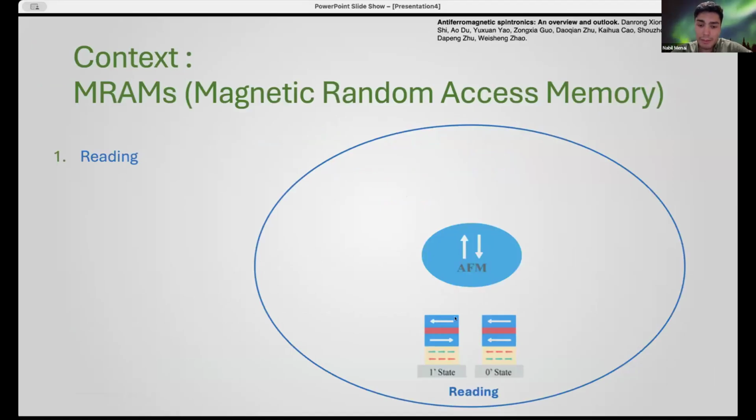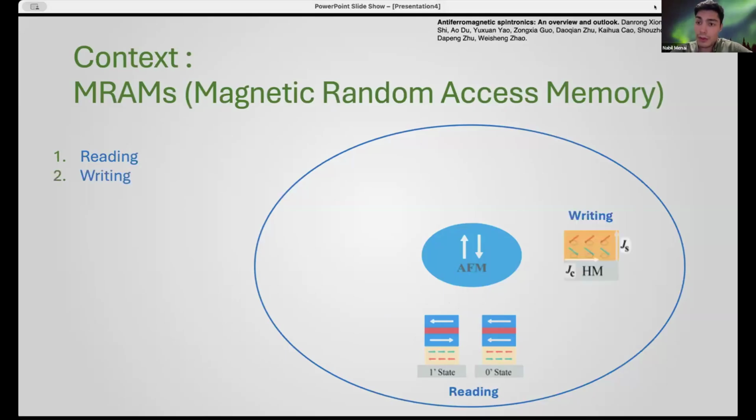Depending on the configuration of the two ferromagnets that are aligned vertically, we can stack on the bottom an antiferromagnet which forces the direction of the adjacent ferromagnet, which means that we can have two different configurations and therefore two bits. So bit 1 and bit 0, which have different resistance.